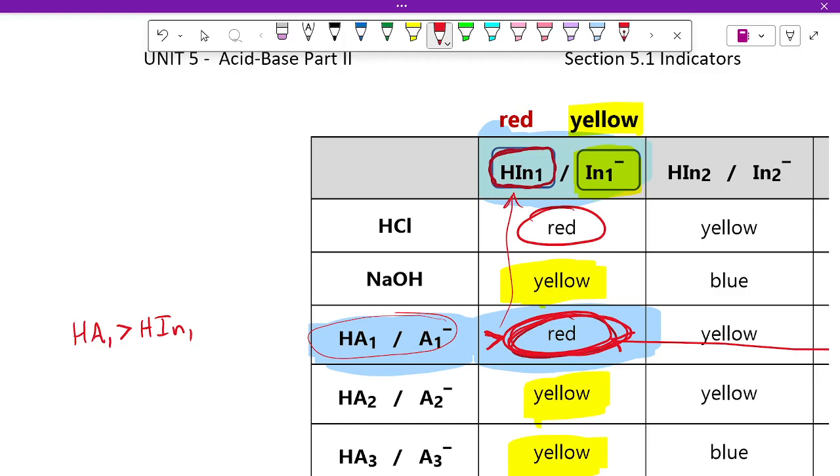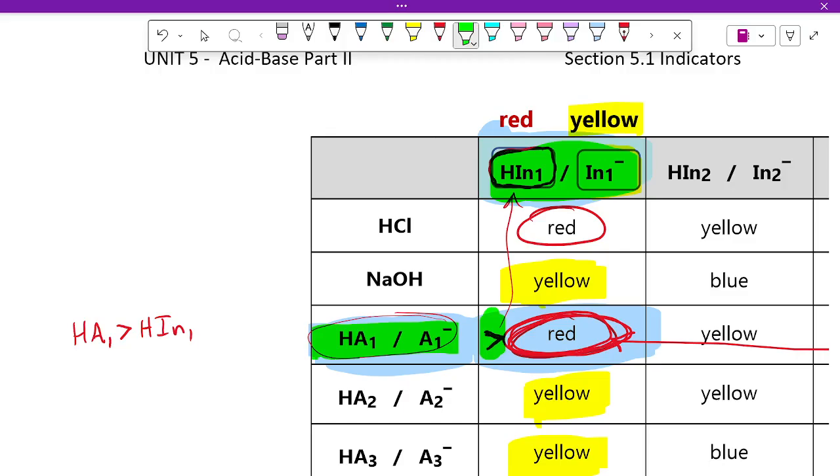Does it make sense if I write that greater than sign that way? That means that this stuff here is greater than this stuff up here. Does that make sense? Yes? Okay.